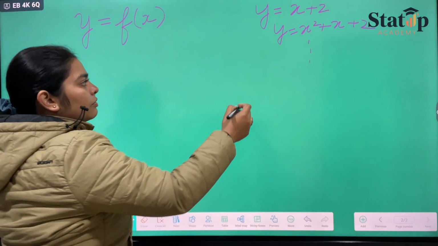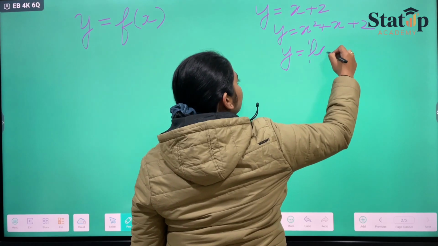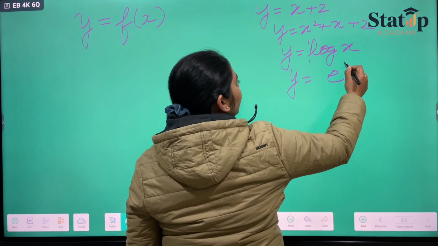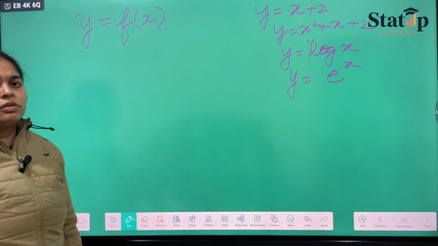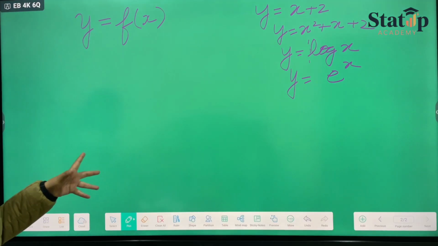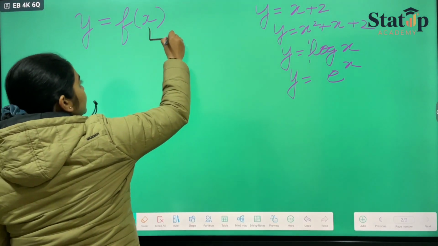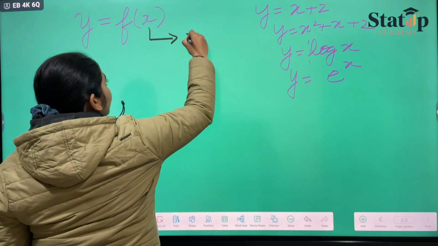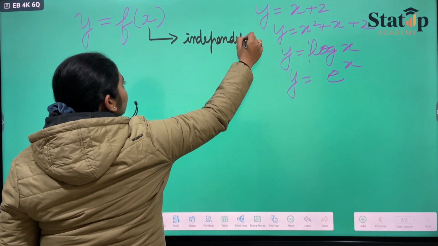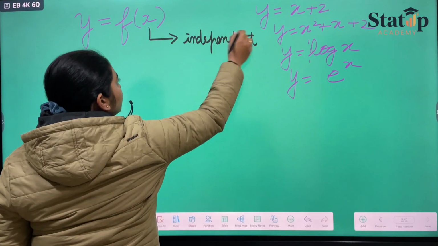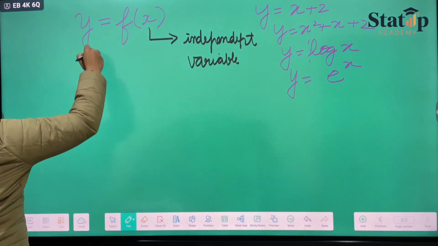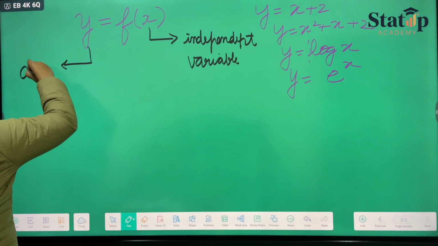So y can be a function. y can be log of x, y can be e raised to the power x, any function of x, and y is represented as fx. Now here this x is said to be the independent variable, and this y is said to be the dependent variable.